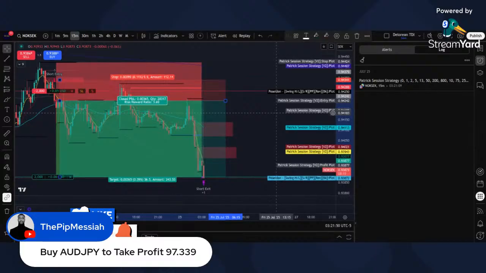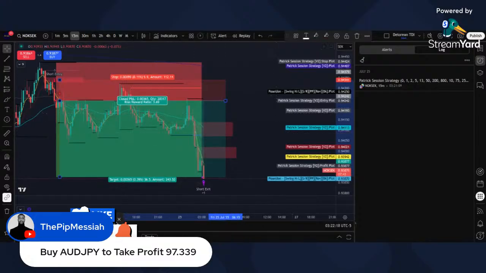A little bit more of a push to cover the spread. And we've got our win. Congratulations to those of you that took the trade. And there we go. Take profit smashed on Norwegian krone versus Swedish krone for 37 pips.